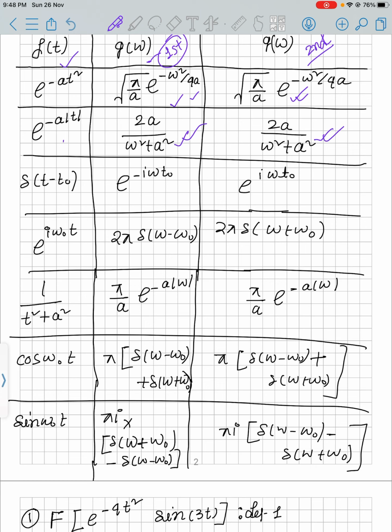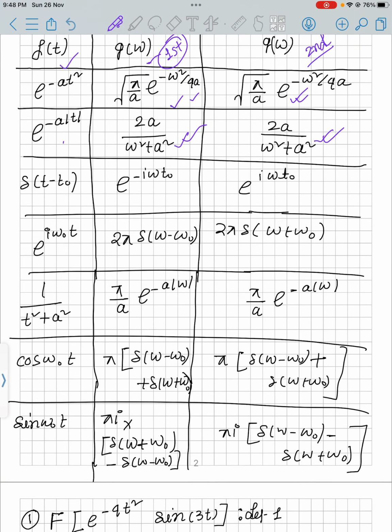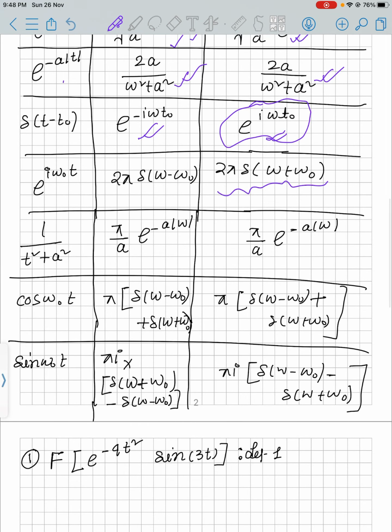Now the delta function delta(t minus t naught), its Fourier transform is e to the power minus i omega t0, and this one is plus. You can note it down. Okay. e to the power i omega naught t gives 2 pi delta(omega minus omega naught), and 2 pi delta(omega plus omega naught). 1 by t square plus a square gives pi by a e to the power minus a omega. These two are also the same.